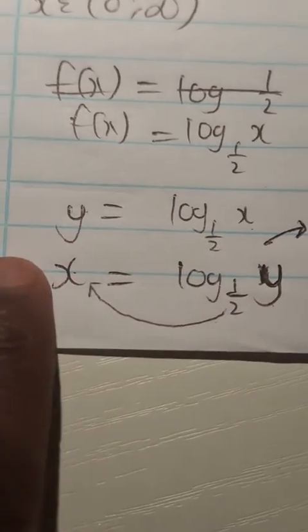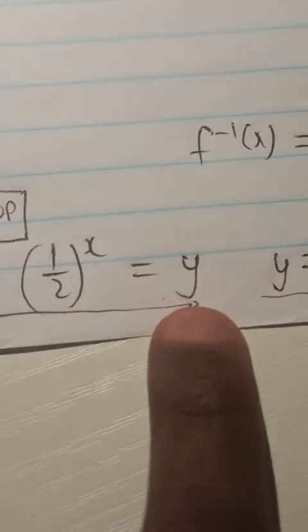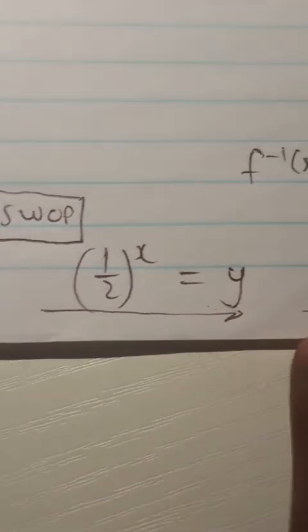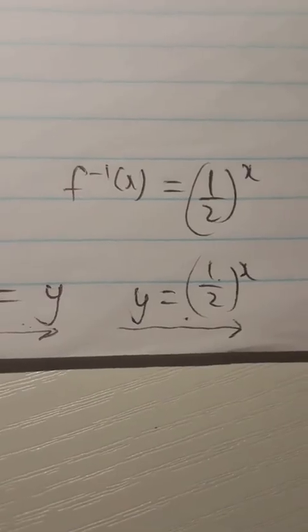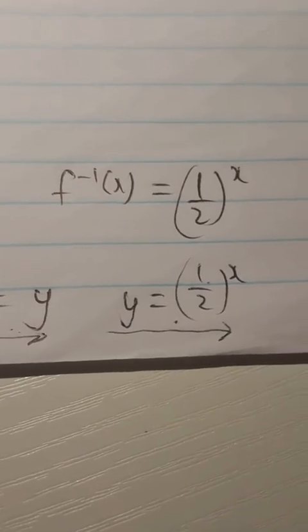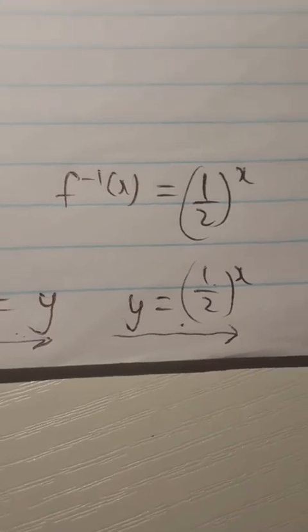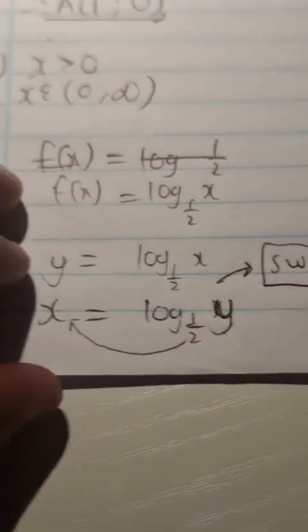Half kicks the x, becomes the exponent, y becomes isolated, y is equal to half to the power x. Then that's the equation, or the formula, the function, with the subject y. Please guys, swap, please. Okay, clear.